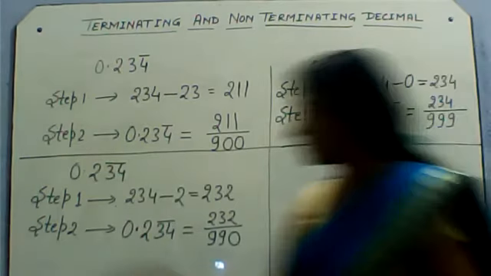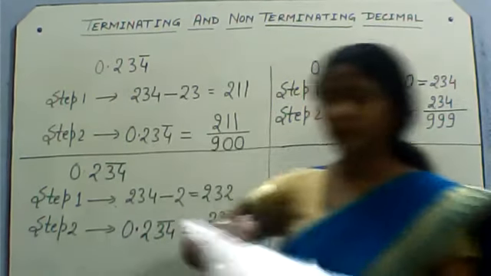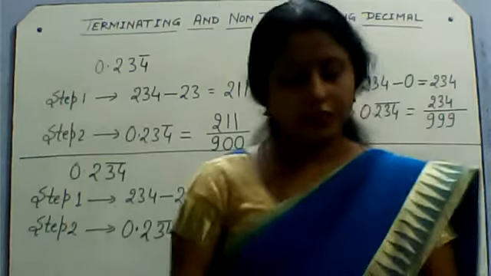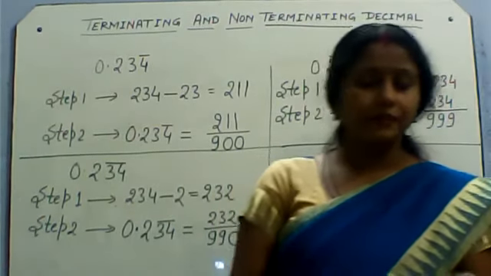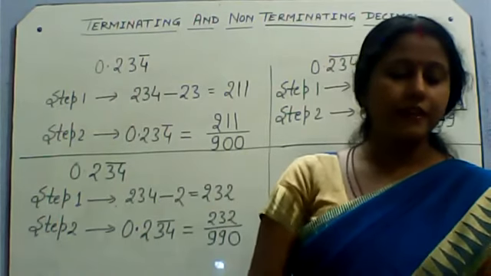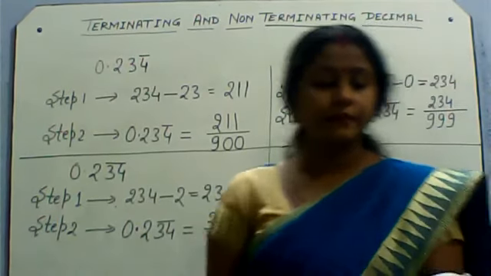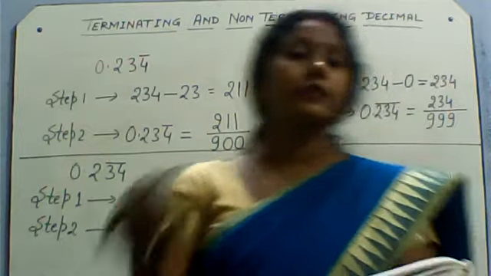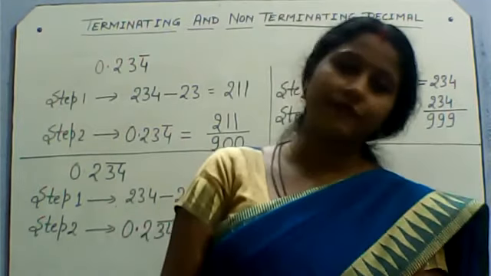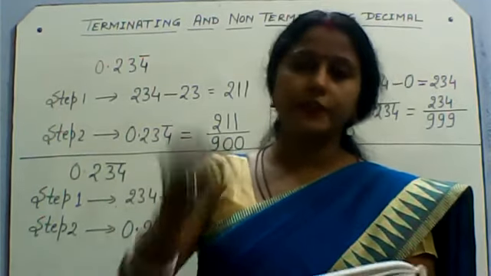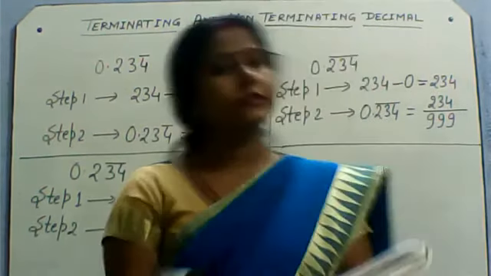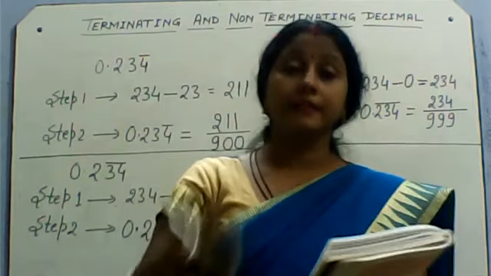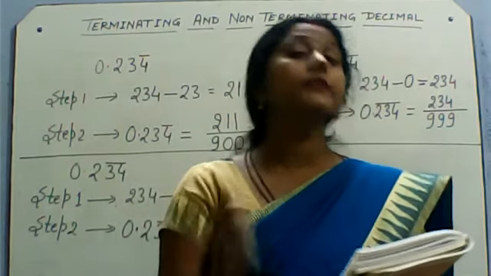Understood, students? So now you can do your exercise 4D. In exercise 4D, find whether the given division forms a terminating decimal or non-terminating decimal. So you have to divide for the first question, and if a remainder keeps coming, then it is not terminating. Remainder is coming and coming and coming, then it is non-terminating.